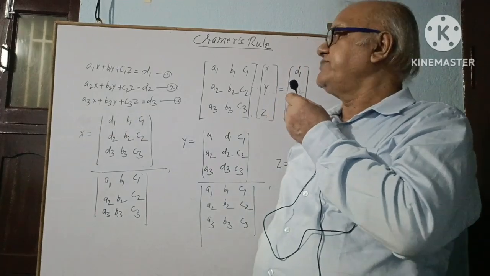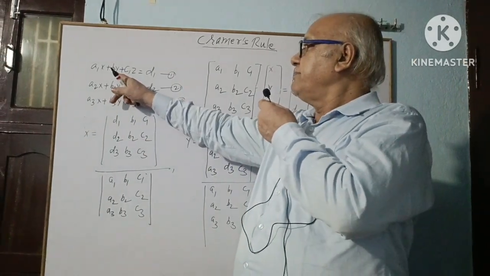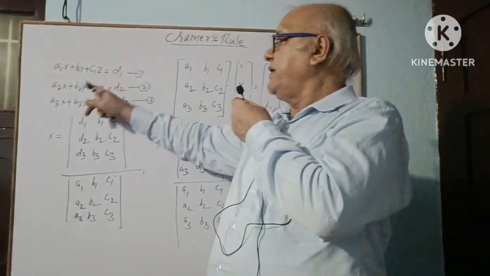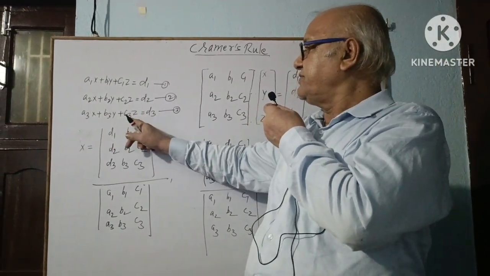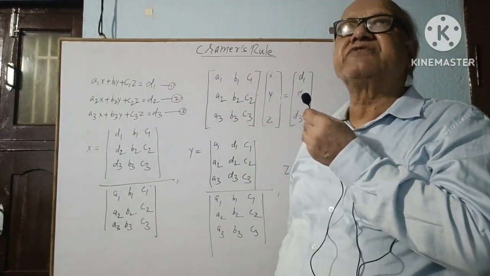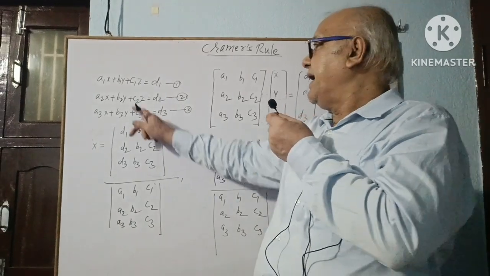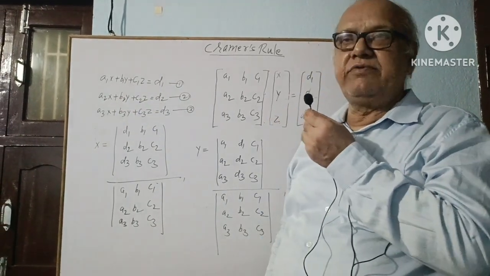In these three equations, a1, b1, c1, d1, a2, b2, c2, d2, a3, b3, c3, d3 all are constants, and x, y, z are variables.